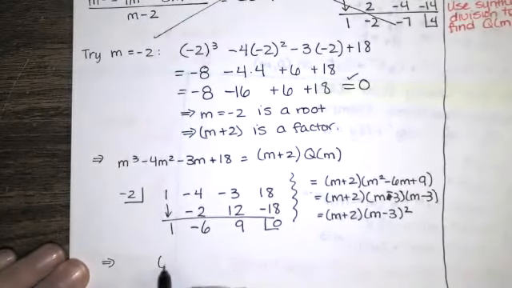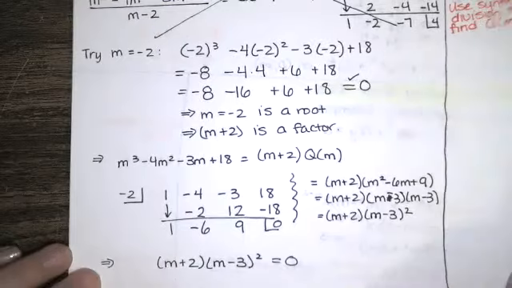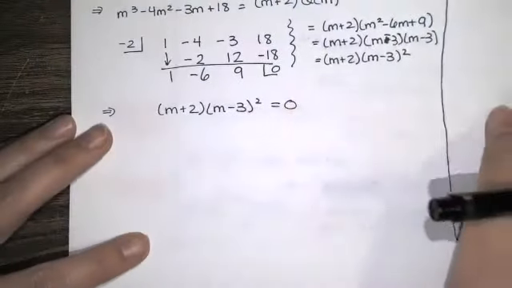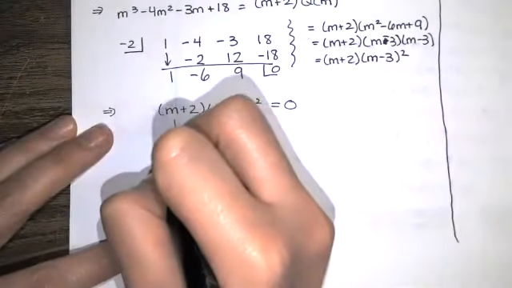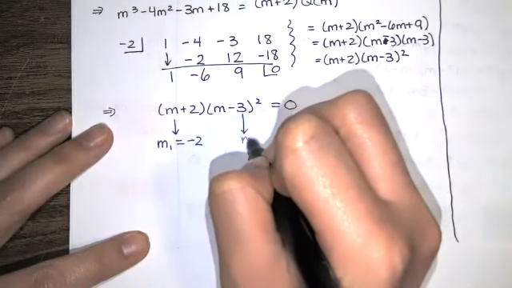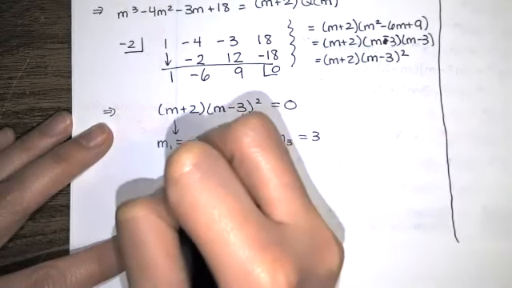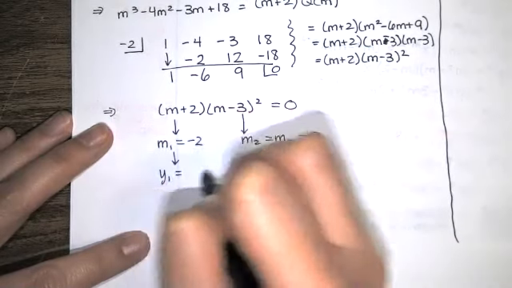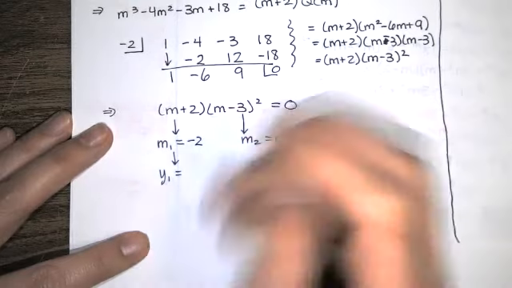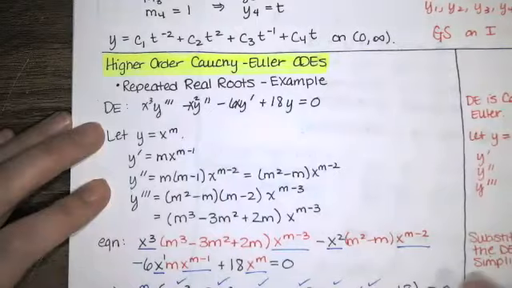So our characteristic equation can be written this way. And we've got a repeated root and a distinct real root. So our distinct real root is negative 2. And our repeated roots, we'll call them m2 and m3, are both equal to 3. So the first one is, let's see, what was the variable? It was an x.